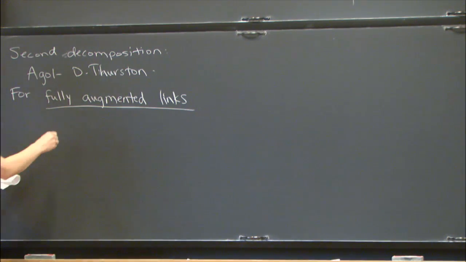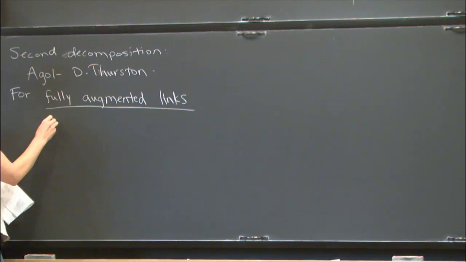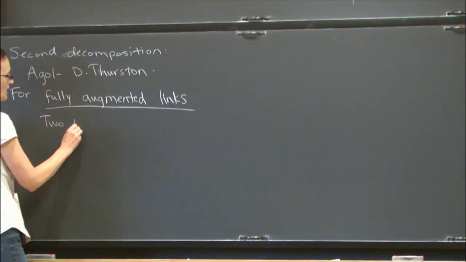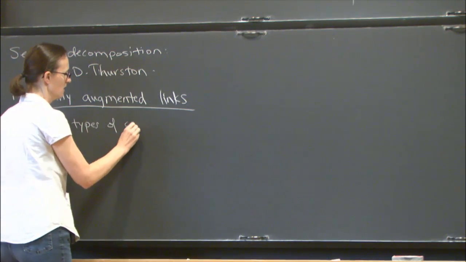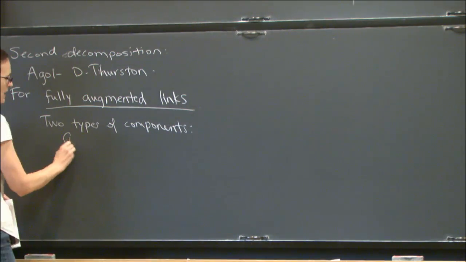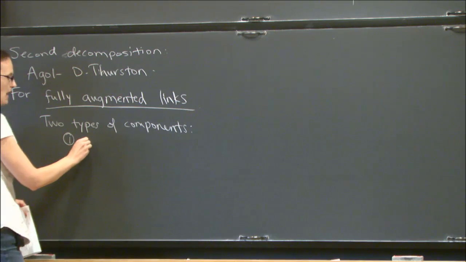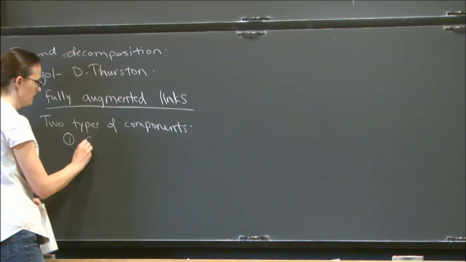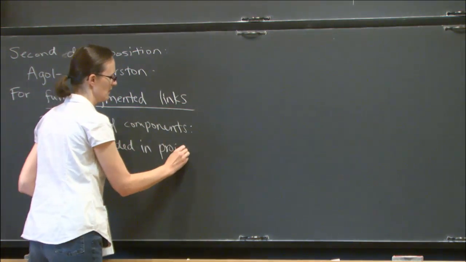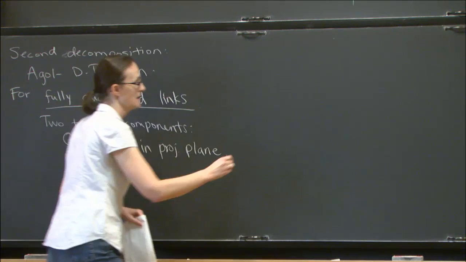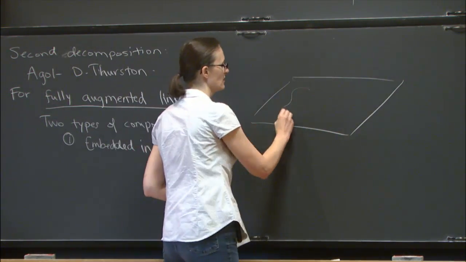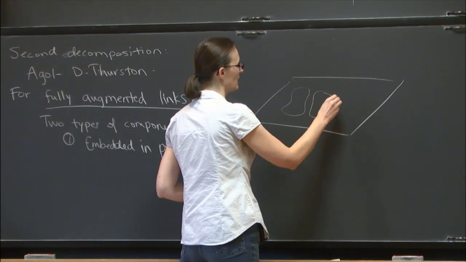A fully augmented link consists of different types of components. There are two types of components. So the first type, there are components which lie entirely in the projection plane. OK, so we've got our projection plane as before, and there are some components which just sit in here.